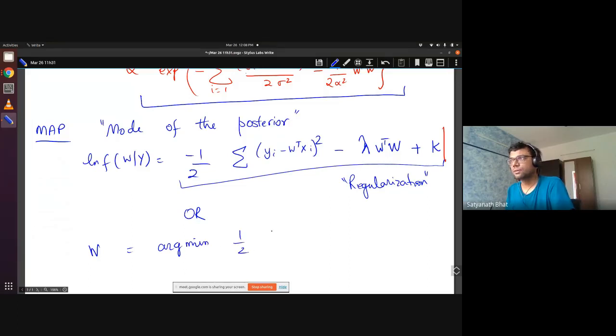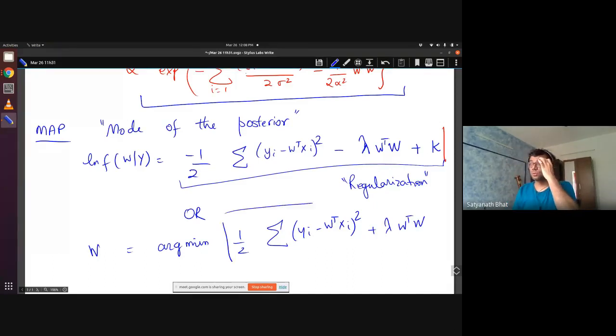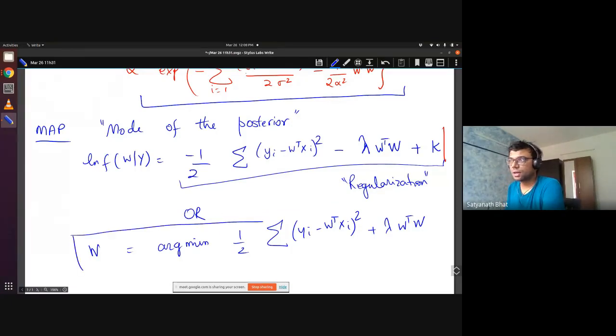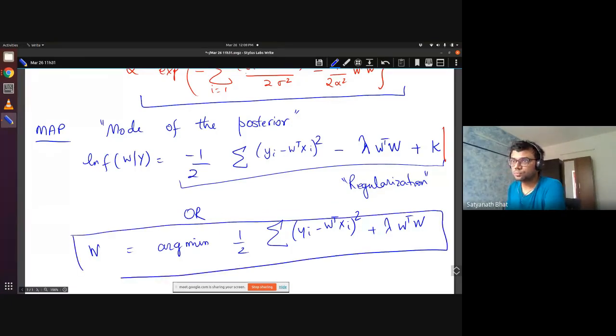It is as good as trying to find a w which minimizes half times the sum of yi minus w transpose xi whole squared, plus lambda w transpose w. Instead of maximizing the negative of this, you can think of trying to minimize this. So this is your w MAP, your MAP estimate.